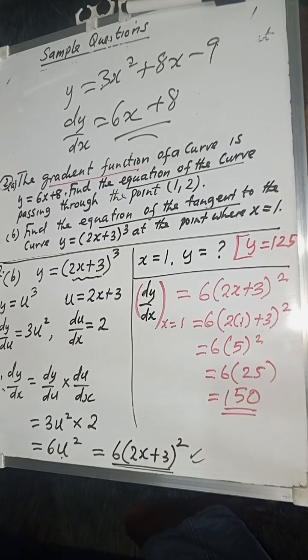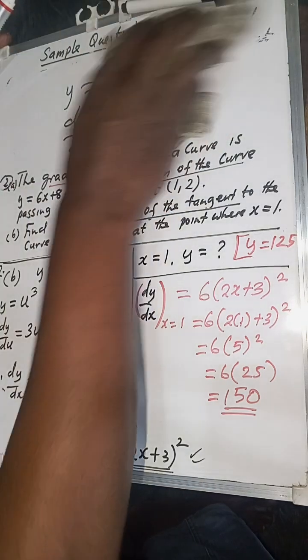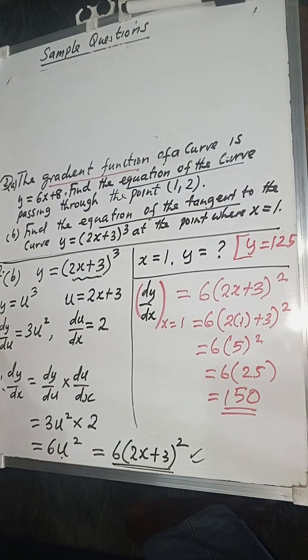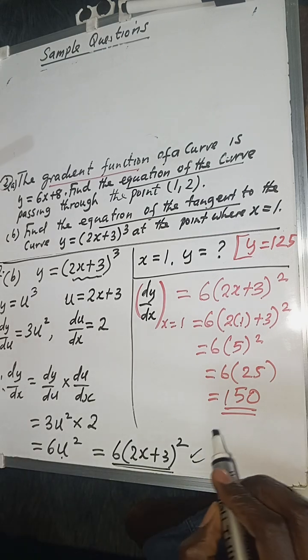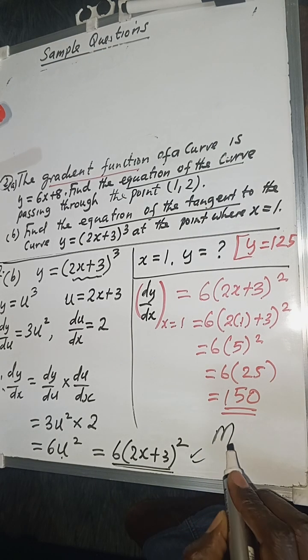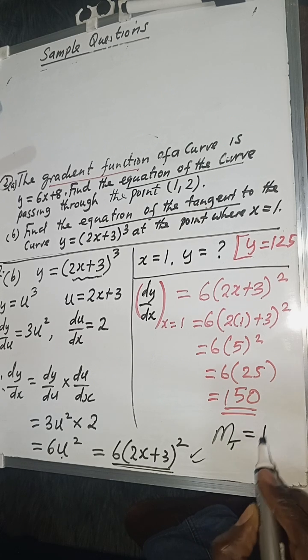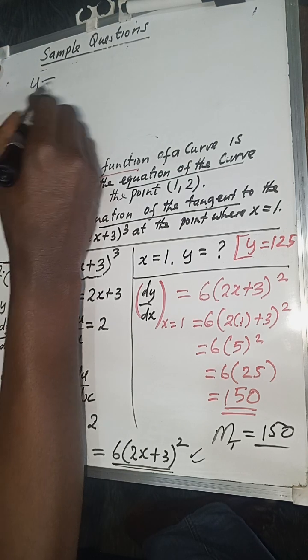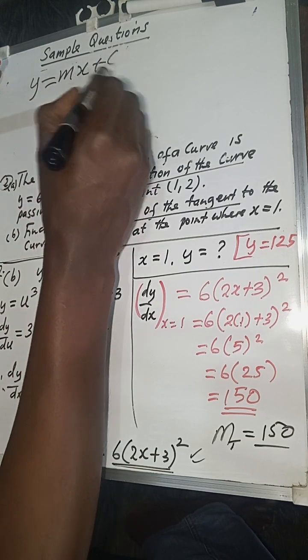So now the next step that we are going to do is simply to find the equation of the tangent. So let me just do it from the top there. So the gradient we have found there is simply the gradient of the tangent, which is 150. So now when you find the gradient of the tangent, the equation will be y is equal to mx plus c.